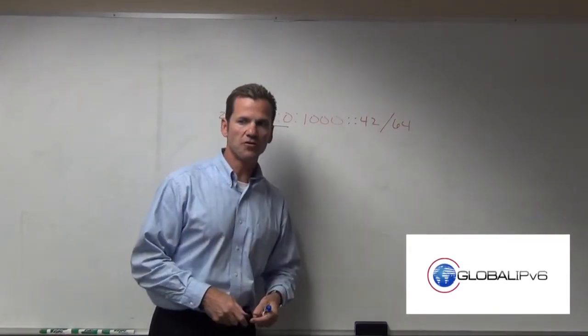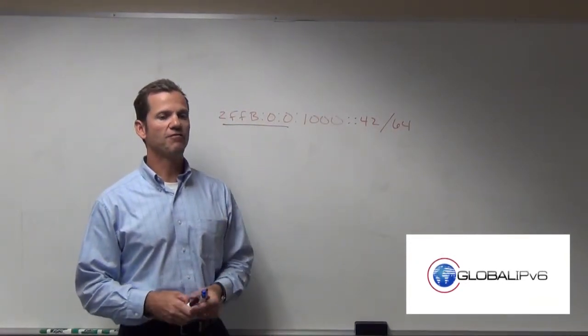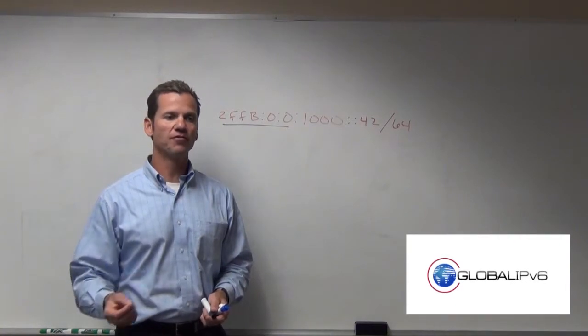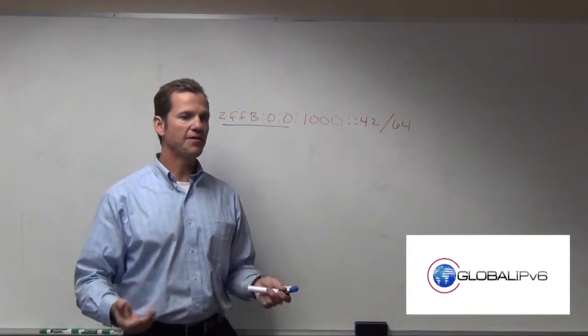Another method is what we call the EUI-64 method. In EUI-64, we allow the MAC address to be associated with the ending address, and I'll give you an example of that.